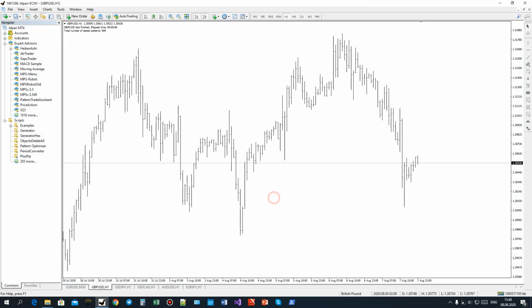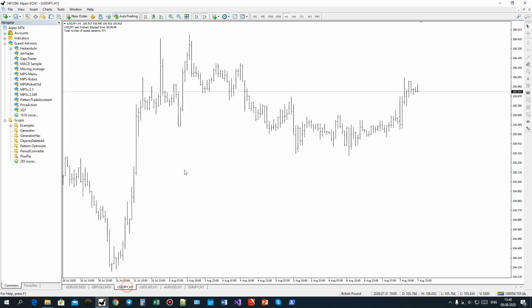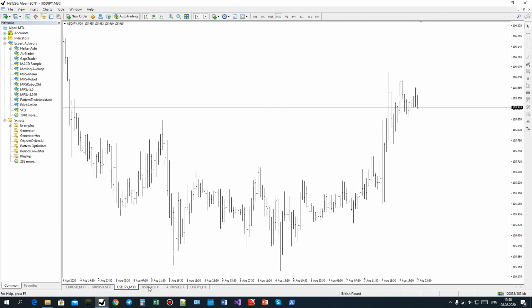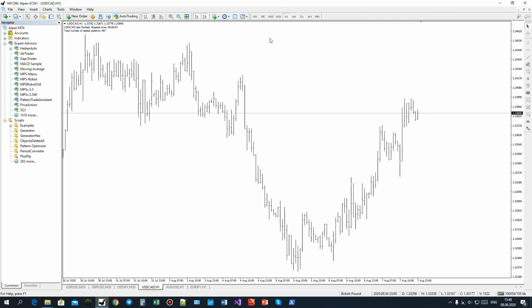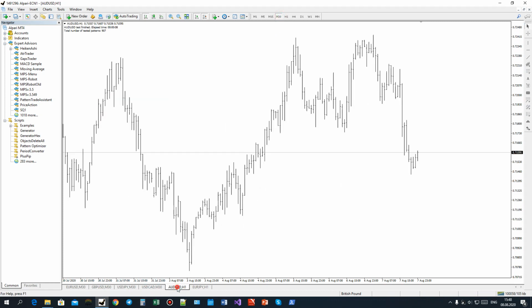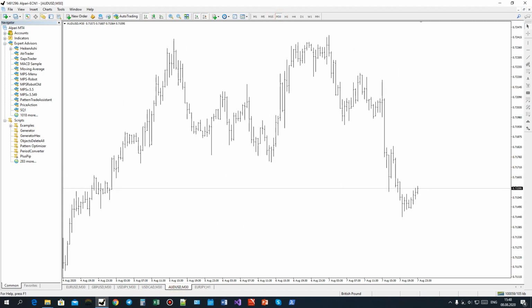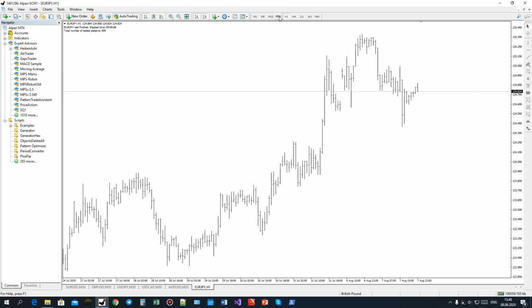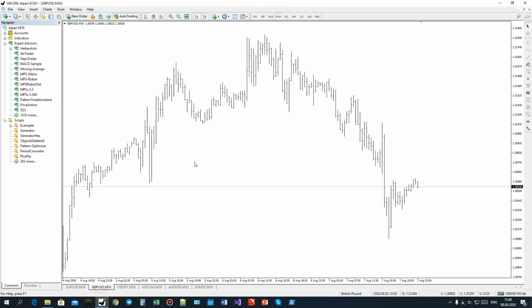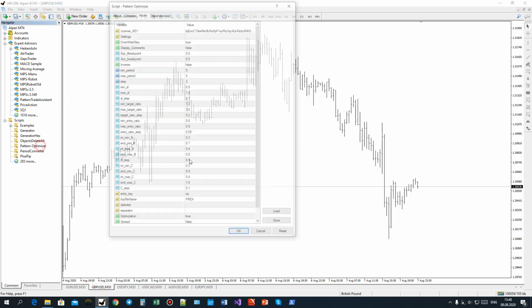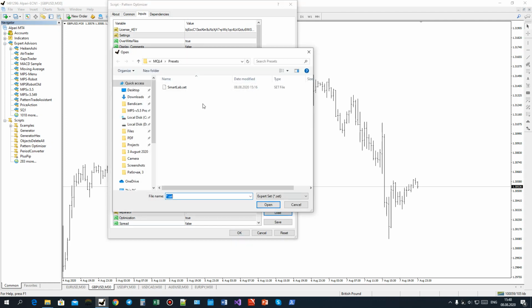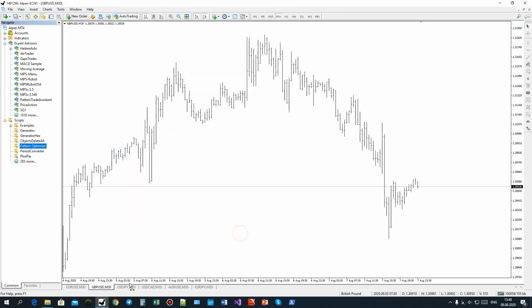Okay, so I close this, and what I will do, I will switch to 30-minute here, and I will switch this pair to 30-minute, and this pair. Okay, so pattern optimizer, load, smart lab, okay.